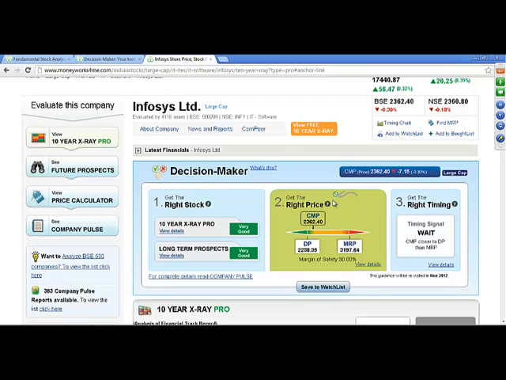So in order to simplify this entire process, we have looked at the most important parameters that you should look at when you invest in a company, and we have presented them to you in a very easy to understand color coded format, and that is what the 10-year X-ray is all about.